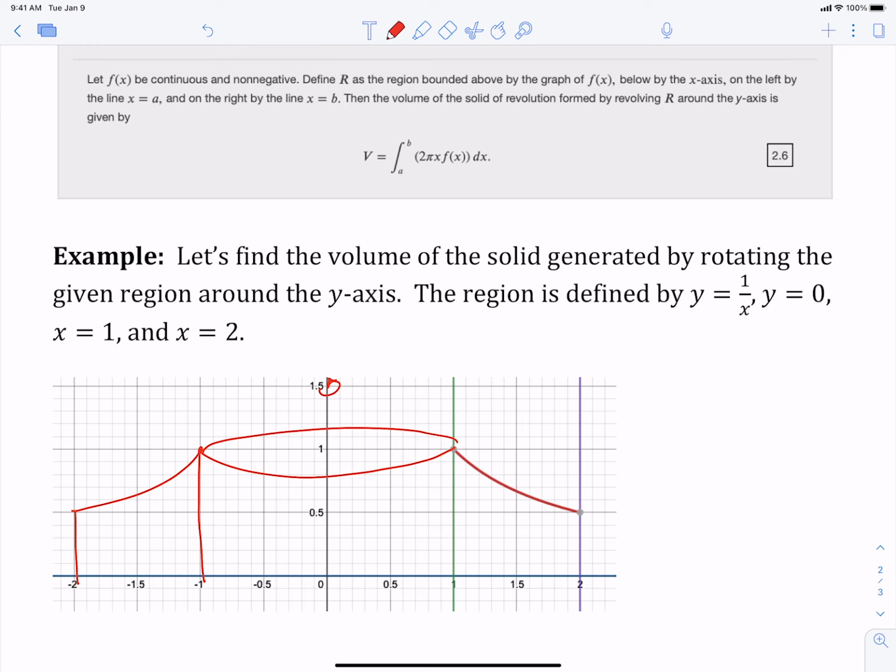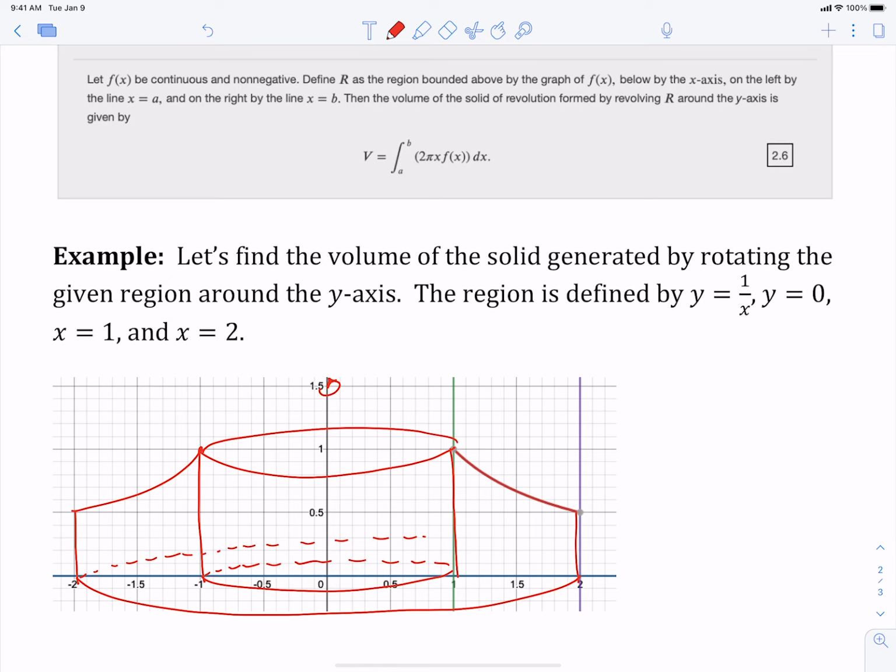And we're going to get something that looks like this. So we've seen shapes that kind of look like this before. It's back behind there. It is kind of a lampshade sort of shape, but it's got that cylinder taken out of it in the middle there.